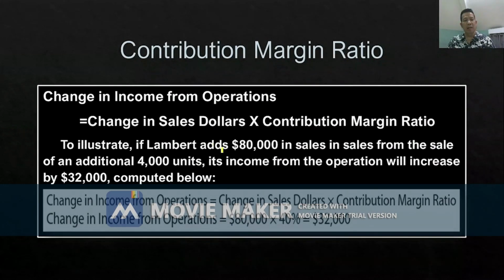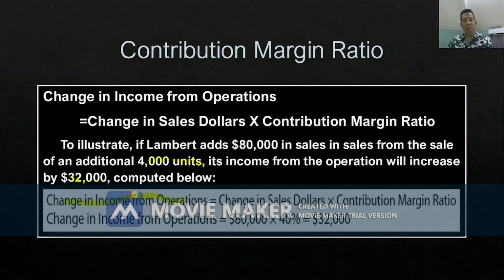To illustrate, if Lambert adds $80,000 in sales from the sale of 4,000 units, income from operation will increase by $32,000, which is computed below.